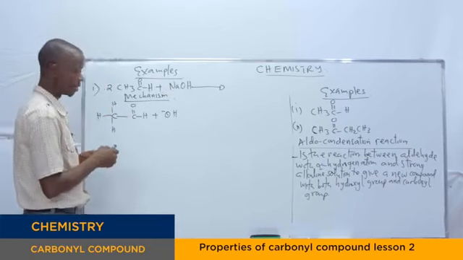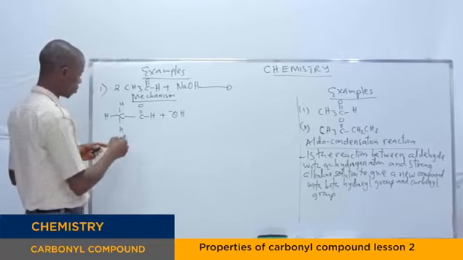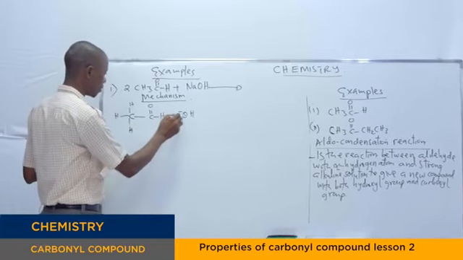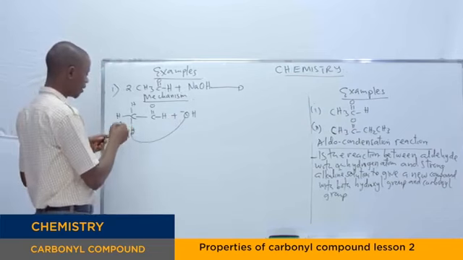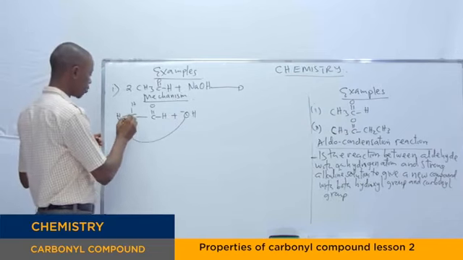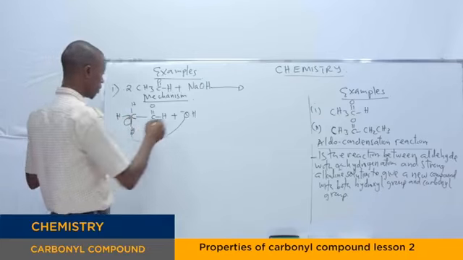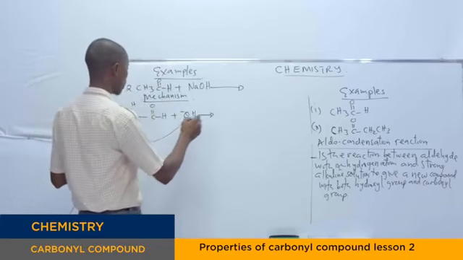Now, what will happen? This hydroxide group will attack this proton here. And when this is taken, this bond will break, the electron will come to this carbon atom. Therefore, there we are going to have this one.